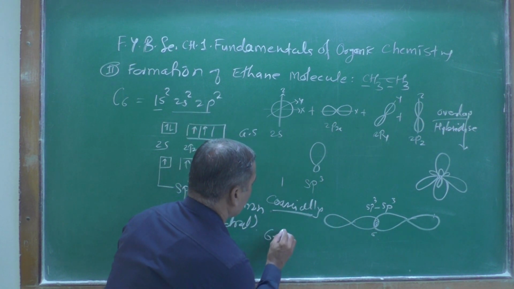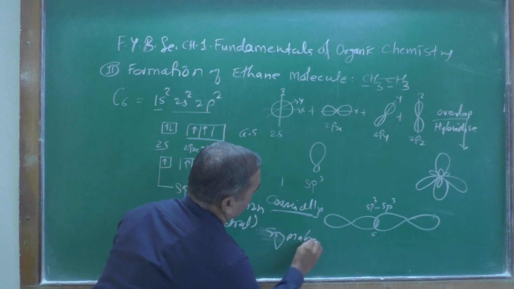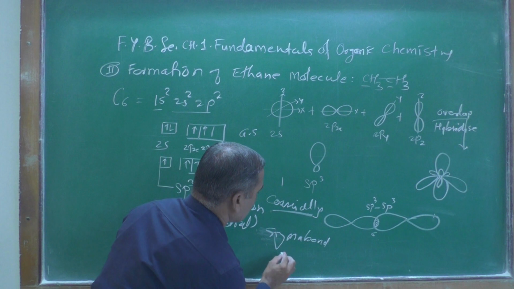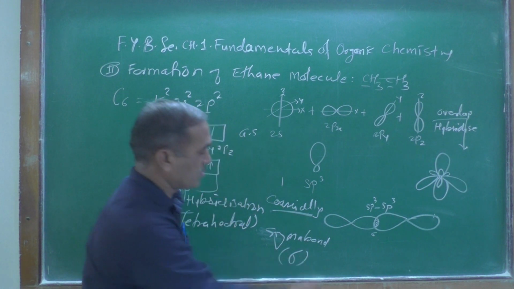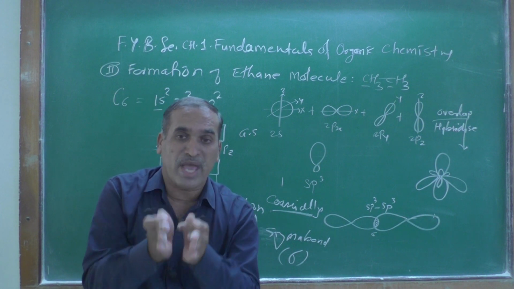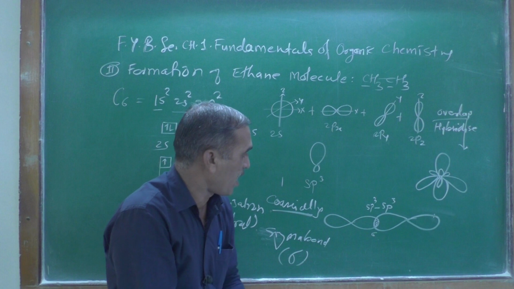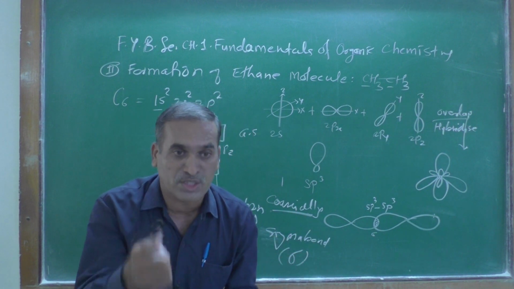It is known as a sigma bond, and it is denoted like this. This is the symbol of a sigma bond, and it is formed coaxially, meaning the maximum electron density is concentrated between the two nuclei, and therefore the sigma bond is stronger.